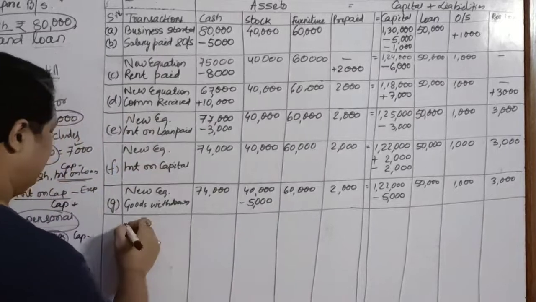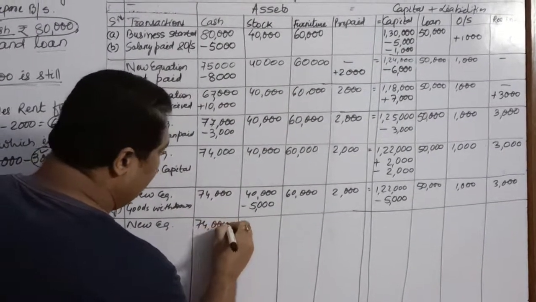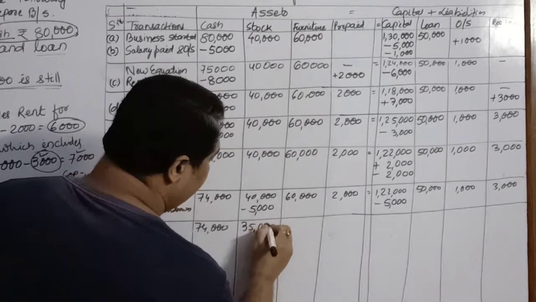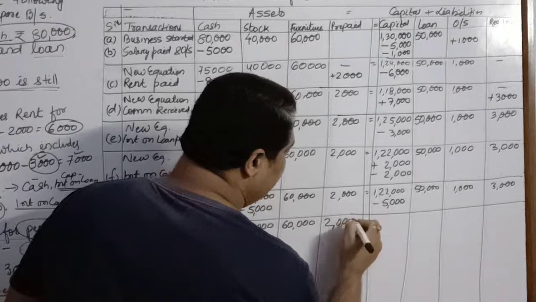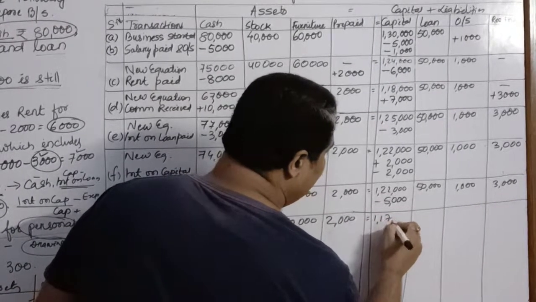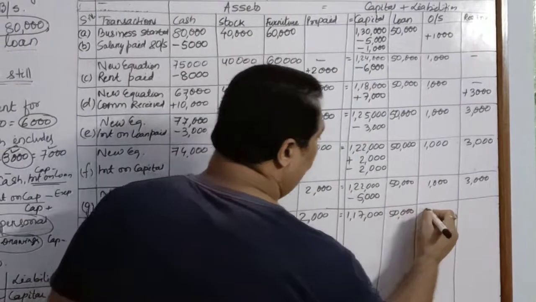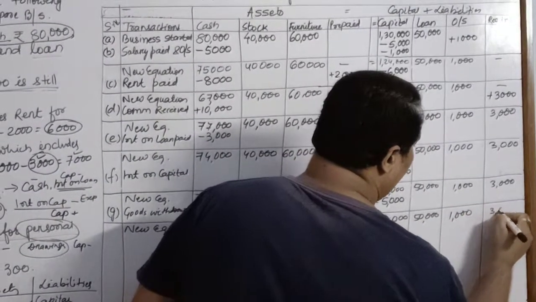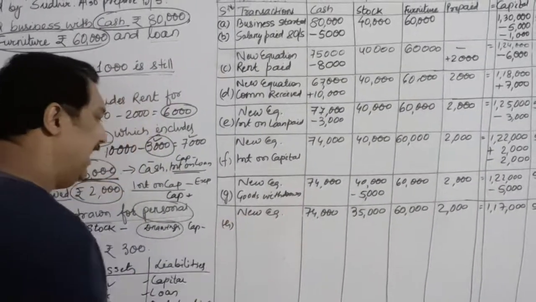Now the current situation, new equation is 74,000, 35,000, 60,000, 2,000, 1,17,000, 50,000, 1,000 and 3,000.